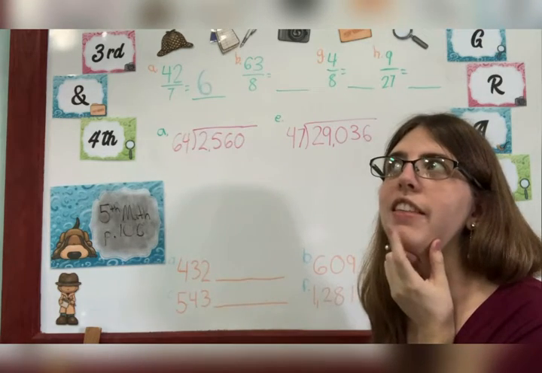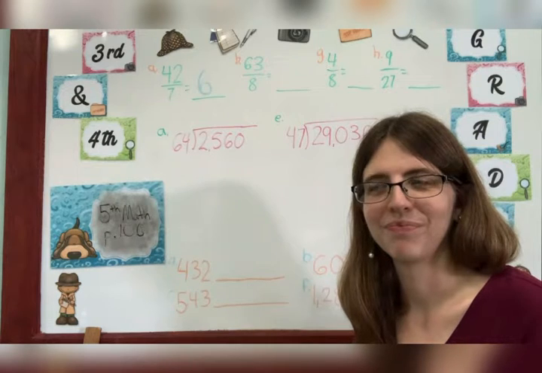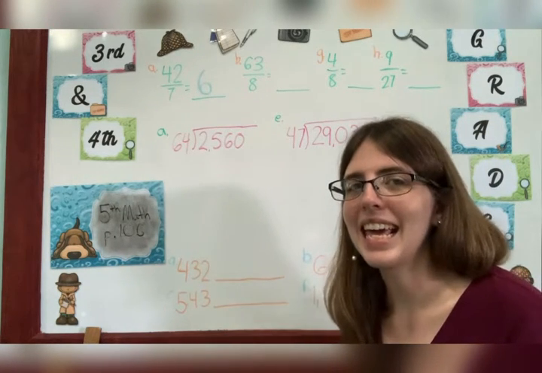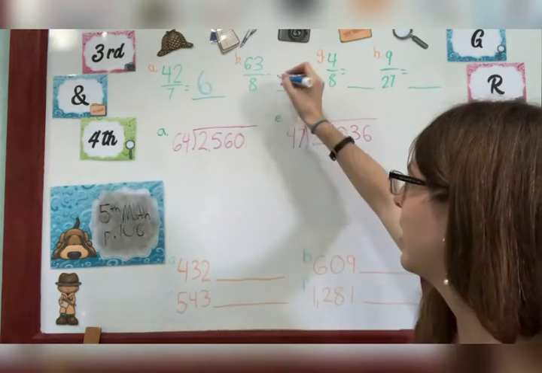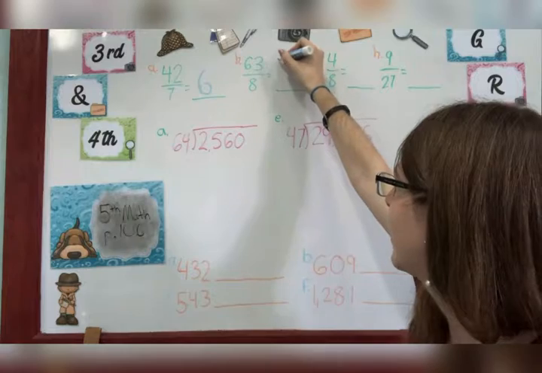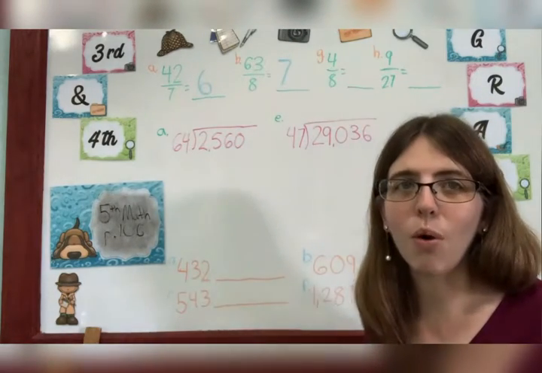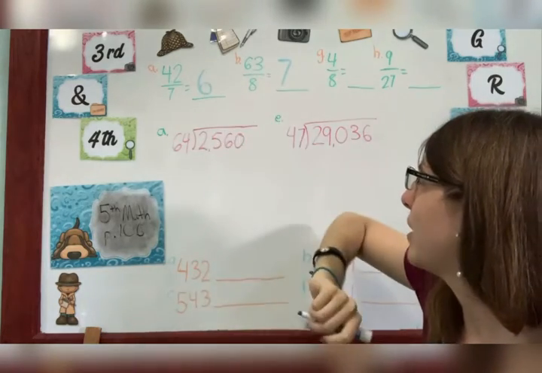Think. Well, the closest you can get is 7, because 7 times 8 is 56. 8 times 8 is 64, and that's too big, okay? So 7 times 8 we know is 56.